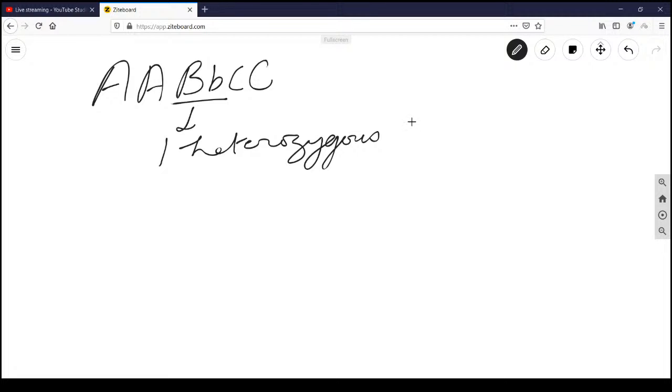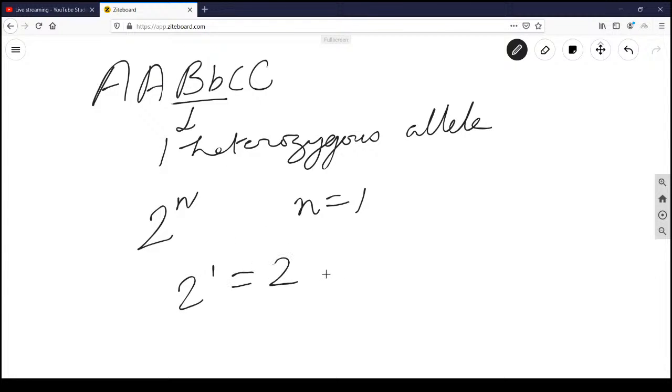So the number of gametes will be 2, because you put the formula 2 to the power n. N is the number of heterozygosity. N's value is 1. Only 1 is heterozygous here, not 2, not 3. So 2 to the power 1 will be 2.